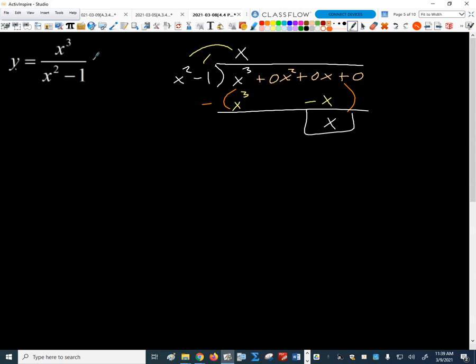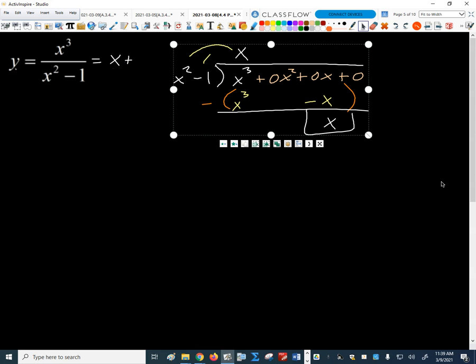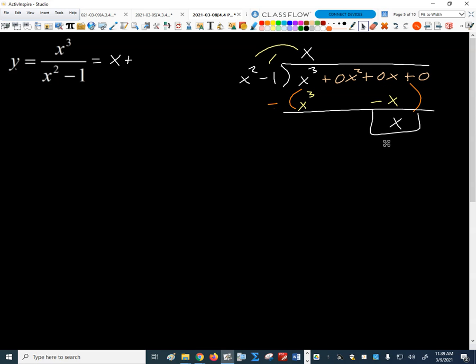And so what's this equal to then? This is equal to x plus my remainder of x, and it remains over my denominator, x squared minus 1, right?